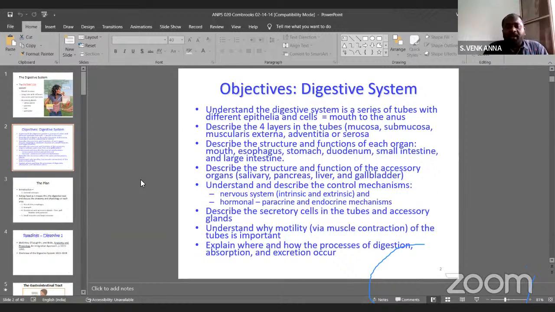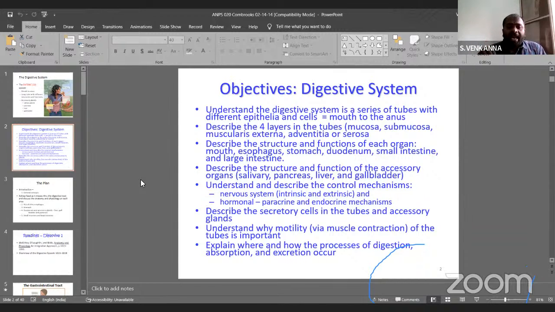The next objective is understanding why motility, the muscle contraction of the tubes, is important. As I said before, there are involuntary and voluntary muscles. The intestinal muscles move food from mouth to anus, and this moving is called peristalsis. Peristalsis is helped by involuntary and voluntary muscles.